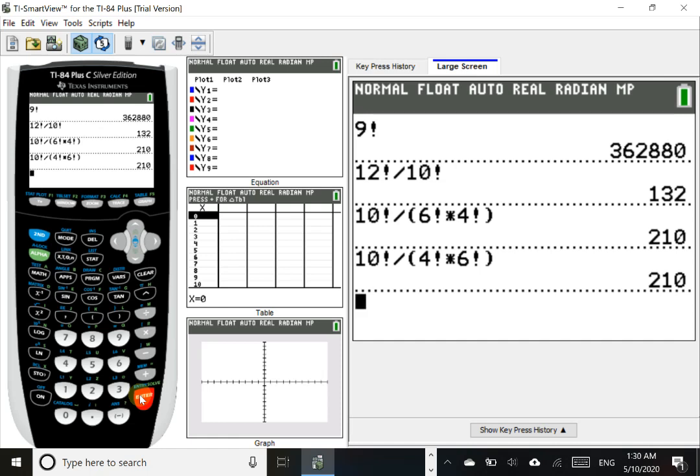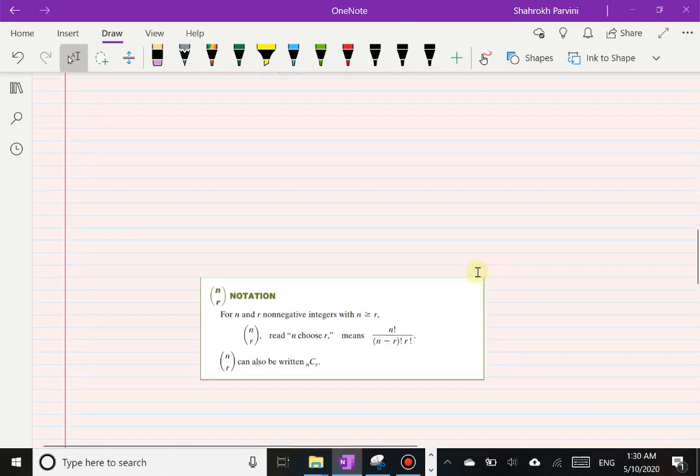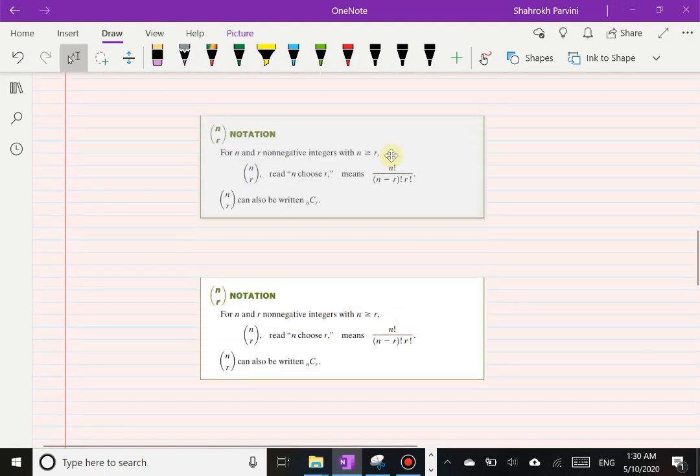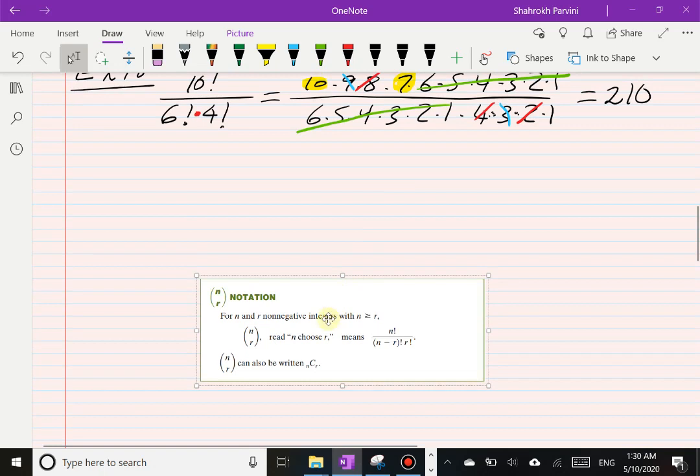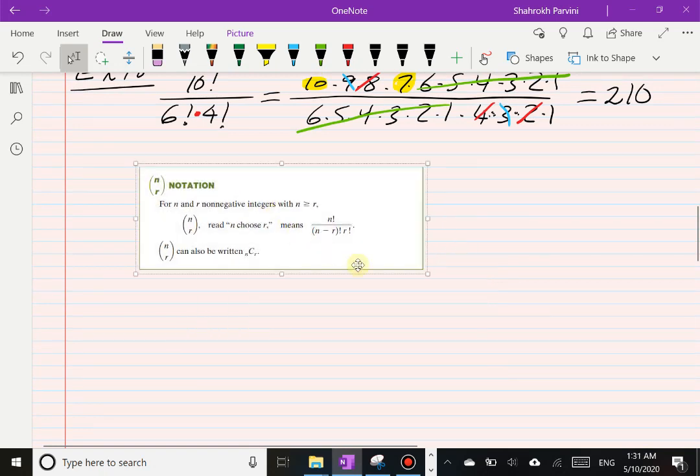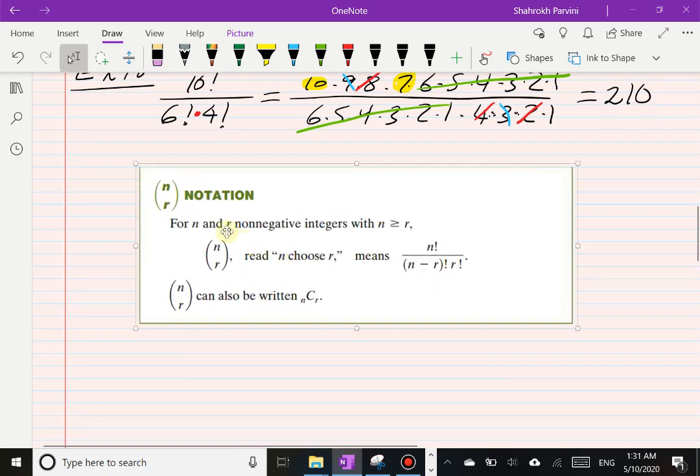Now let's take a look at this notation. So we're done with TI for now until we come back to it in a few more minutes. So let me minimize this, and bring this up. We're going to look at this notation, which is in your book. Remember, a notation means a way of doing something. So this notation we have is parentheses n r close paren.